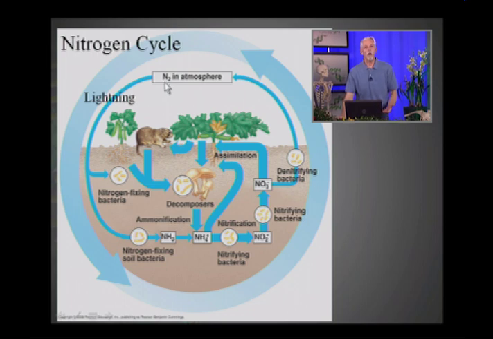So nitrogen can be fixed by certain types of bacteria, nitrogen-fixing bacteria. The term fixing normally means either converting it to a useful form or attaching it to a carbon. In this case, nitrogen-fixing bacteria will reduce the atmospheric nitrogen into ammonia or something called ammonium.